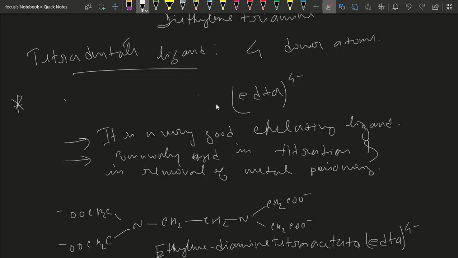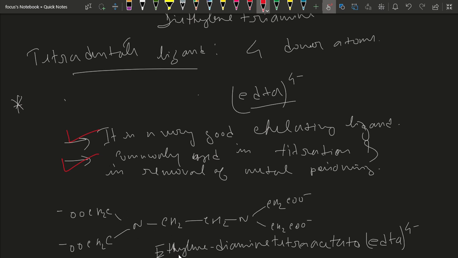Some important points about EDTA, which is a hexadentate ligand, is that it is a very good chelating ligand. That is, it can form a chelating compound with the metal, so it is used worldwide for titration and in removal of metal poisoning. To remove a metal, we can use EDTA because it forms a very stable chelating compound with the metal ion. And the structure is this.